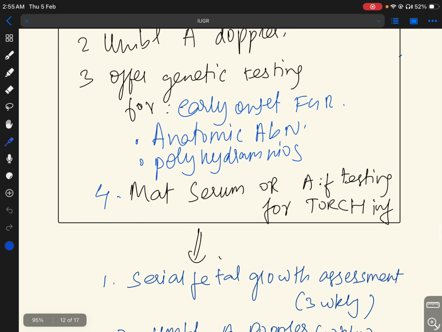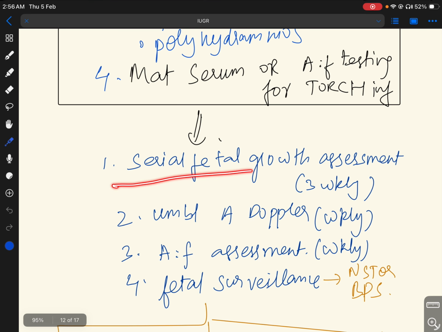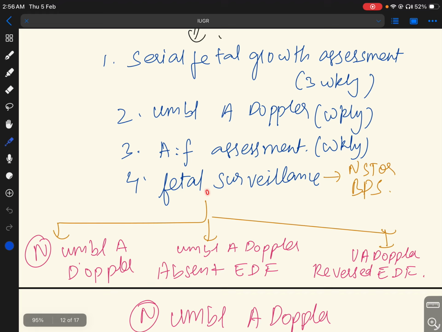Do maternal serum or amniotic fluid testing for TORCH infection. You have to do serial fetal growth assessment every 3 weeks, umbilical artery Doppler and amniotic fluid assessment weekly, and fetal surveillance; NST or biophysical score should be done.